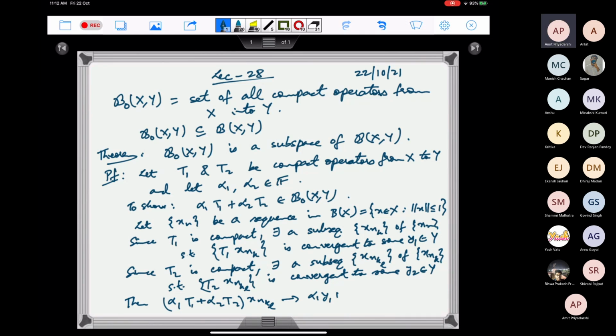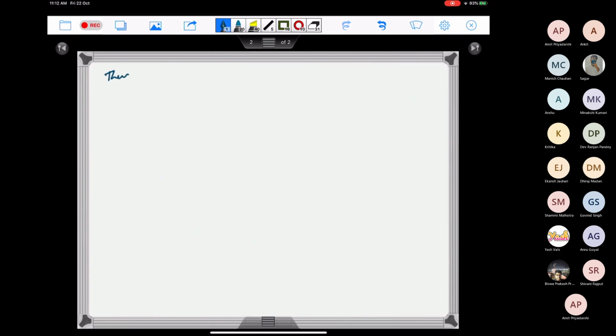So this implies that there is a convergent subsequence of alpha 1 T1 plus alpha 2 T2 of xn. So alpha 1 T1 plus alpha 2 T2 of xn has a convergent subsequence.